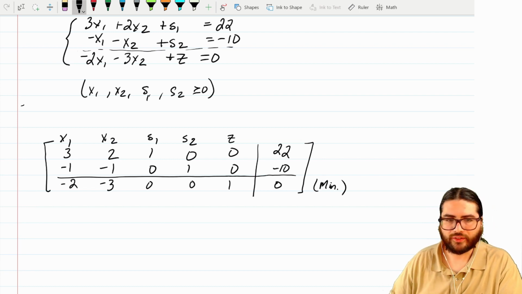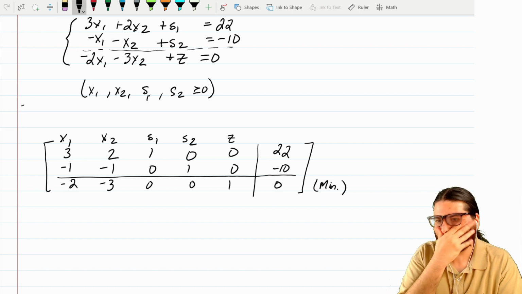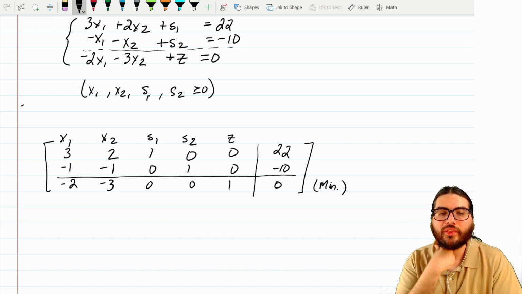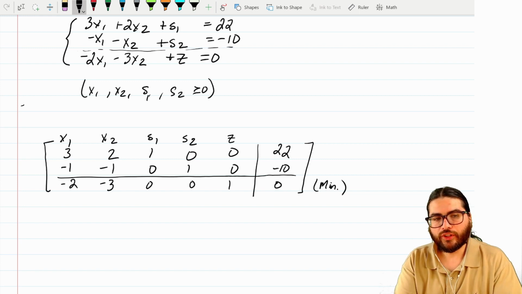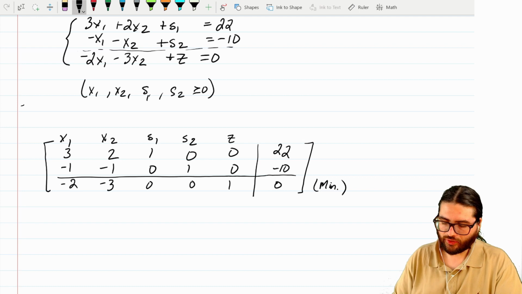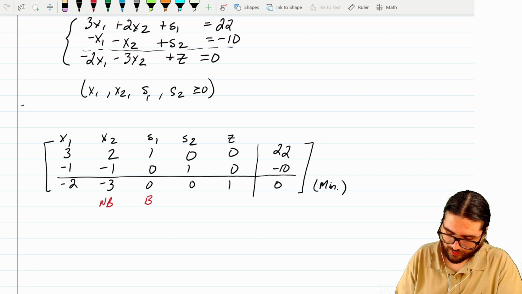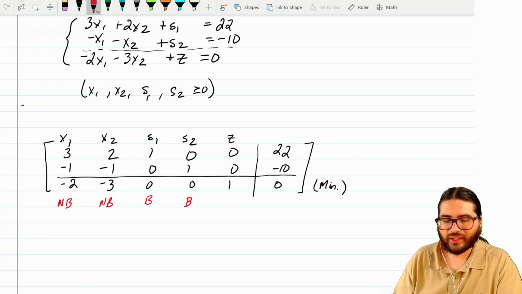Now, this is a minimized process. So let's follow the dual simplex method steps here. Are we feasible? I don't think so, because x1 is 0, it's non-basic. x2 is 0, it's non-basic. s1 is 22, which is fine, that's basic. s2 is equal to negative 10, that's basic, but it's not feasible.